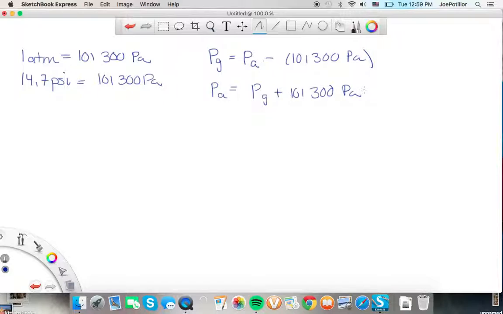The scale differs by 101,300. Now, let's do an example working with pressure, and we'll conclude this section. We'll work with the ideal gas law next.